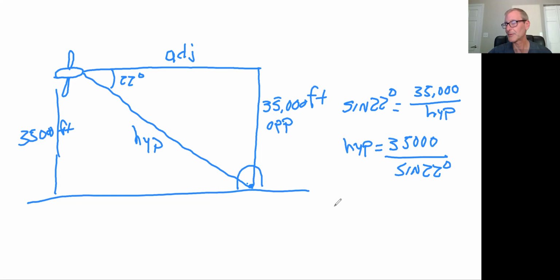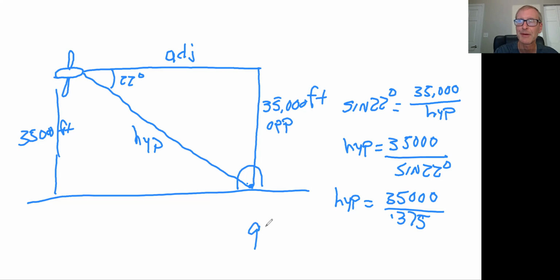What is sine of 22 degrees? I get 0.375. So the hypotenuse is 35,000 feet divided by 0.375. If we round to the nearest foot, you would end up with 93,431.